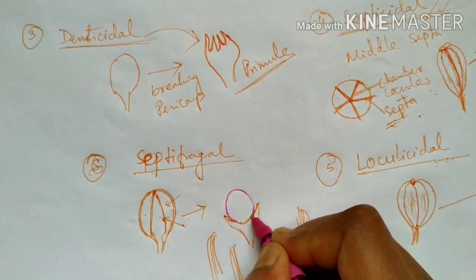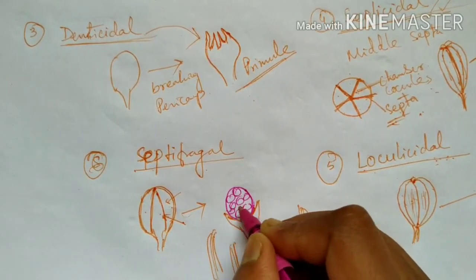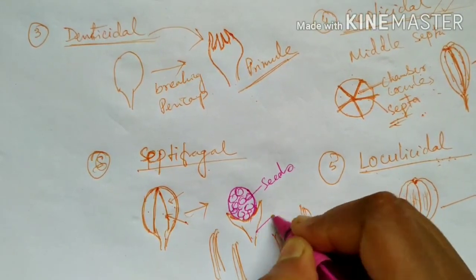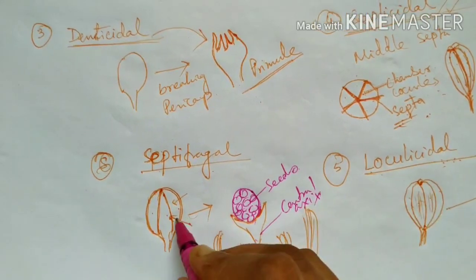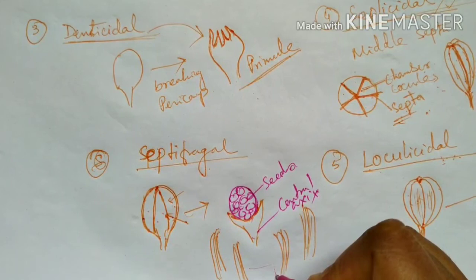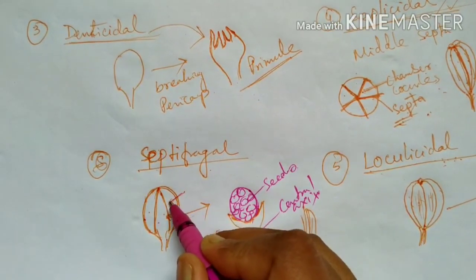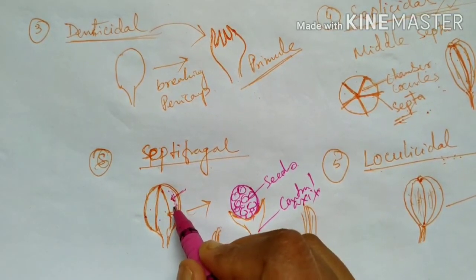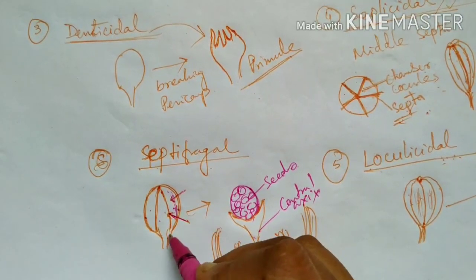So after ripening and rupturing of this fruit, only seeds are attached with the central axis, and all these pericarps fall down from this fruit, and the fruit breaks down through these chambers, means chambers or locule, and through this septa.